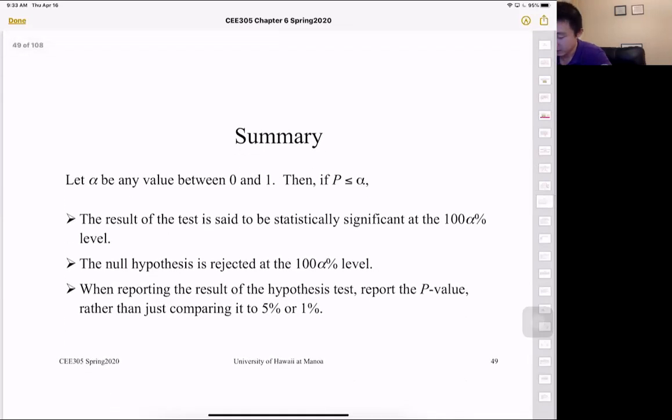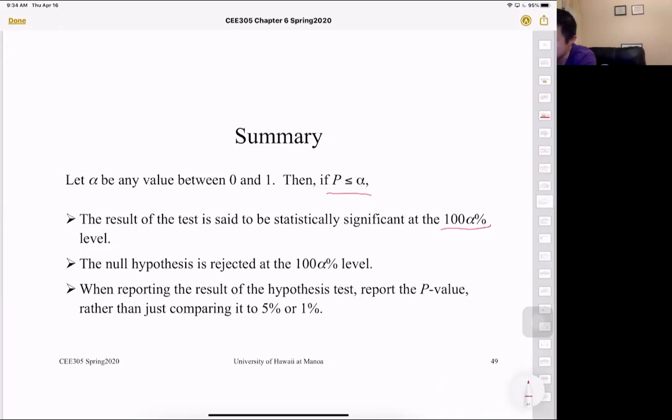So in summary, alpha could be any value between 0 and 1, but normally it's around 1%, 5%, sometimes 10%. If the p-value is less than or equal to alpha, we say the result of the test is statistically significant at the 100 alpha percent level.